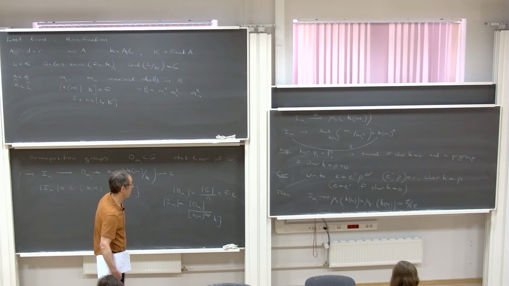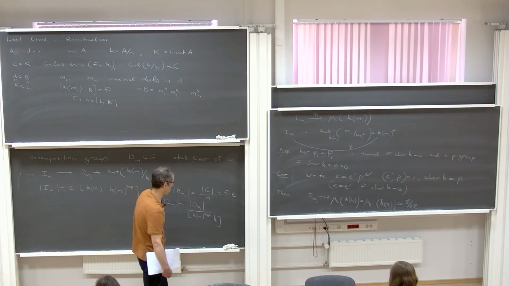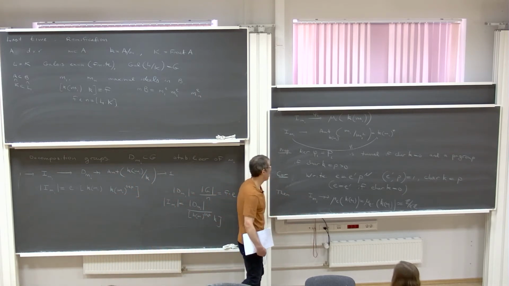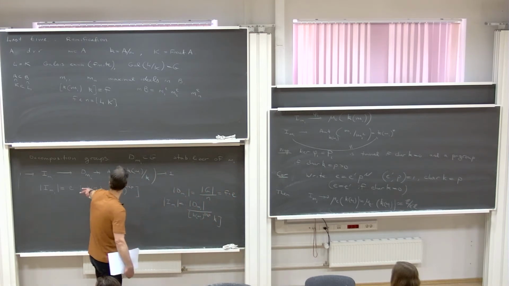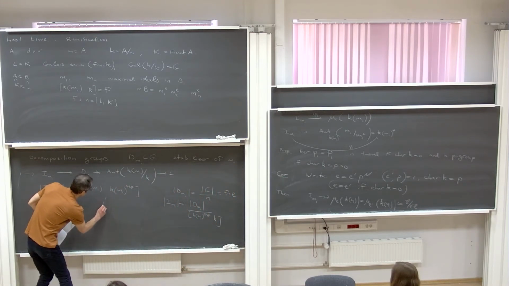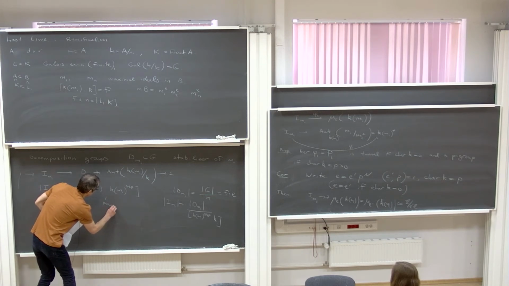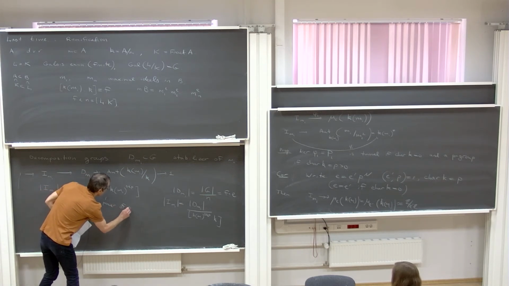So the order of E is equal to E up to a power of P, right? So we have this formula, and this is a power of P, right?